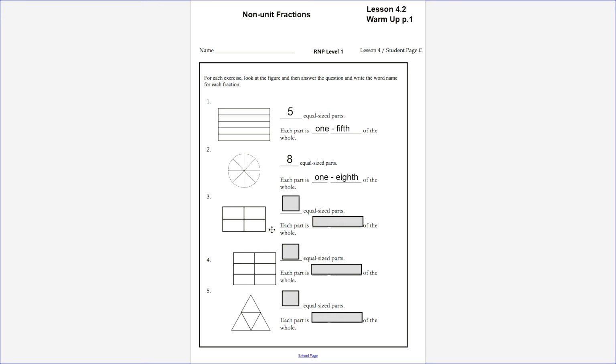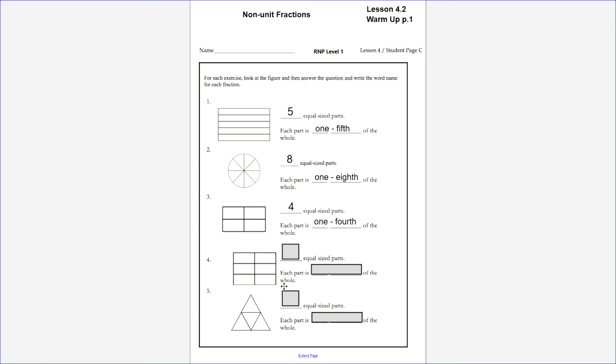Look at figure 3. How many parts is the unit broken into? Yes, the unit is broken into 4 equal-sized parts. Now think, each part is how much of the whole? What is the unit fraction? Oh yes, each part is 1/4 of the whole.